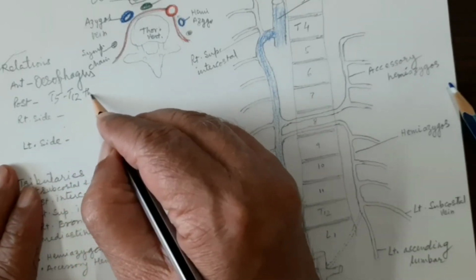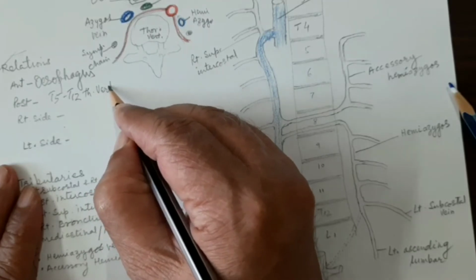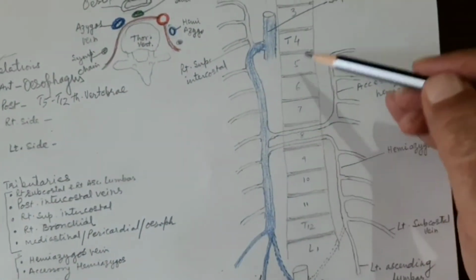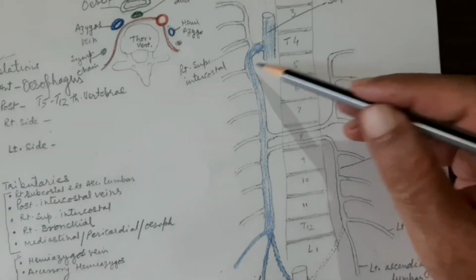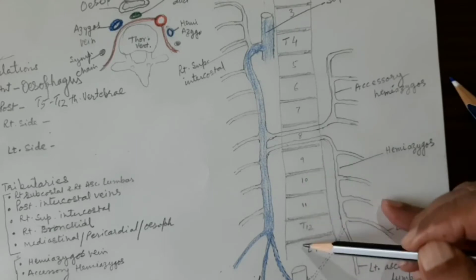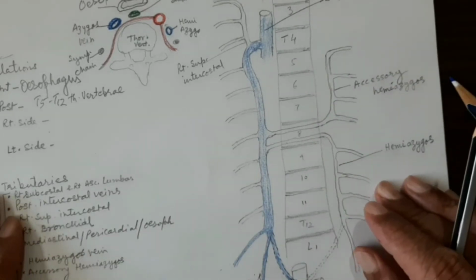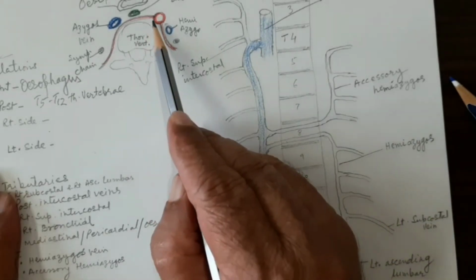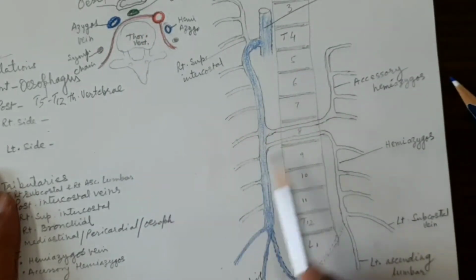See here, right from here, it will lie at T5, T6, 7, 8, 9, 10, 11 and 12. It will lie in front of the thoracic vertebral bodies and their intervertebral discs.